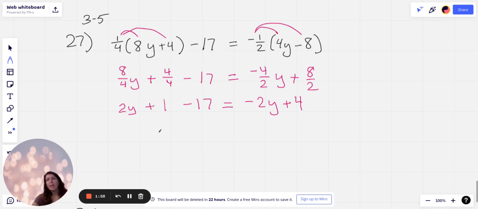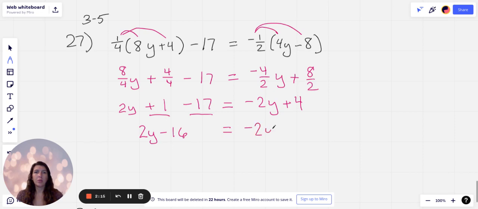Okay? So I can combine these like terms, right? So that's going to be 2y minus 16 equals negative 2y plus 4.